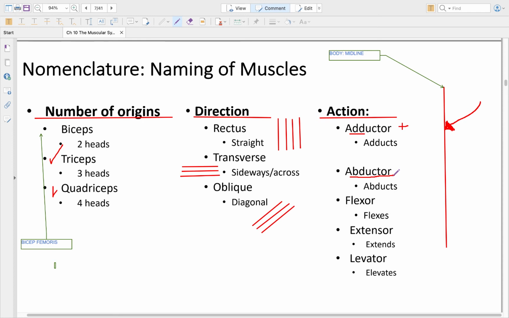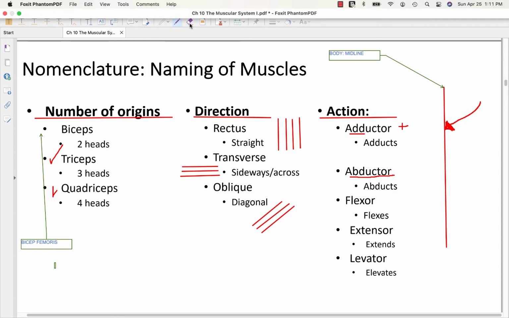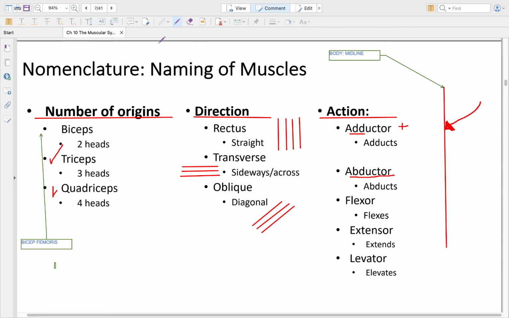That means that something is being taken away. Obviously the worst case scenario would be something like a kidnapping, but that's what abduction means. The action of this muscle is to move or abduct away from the midline.